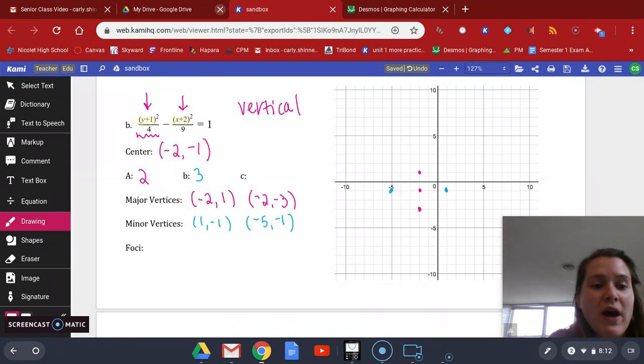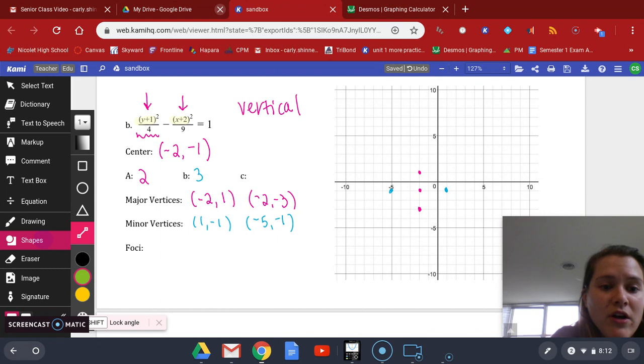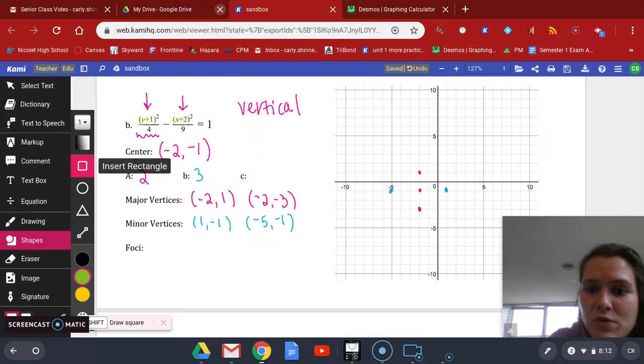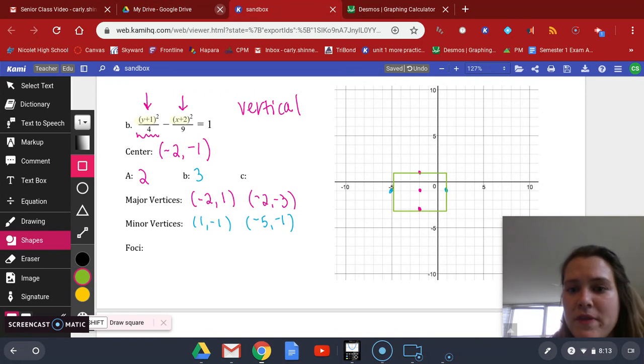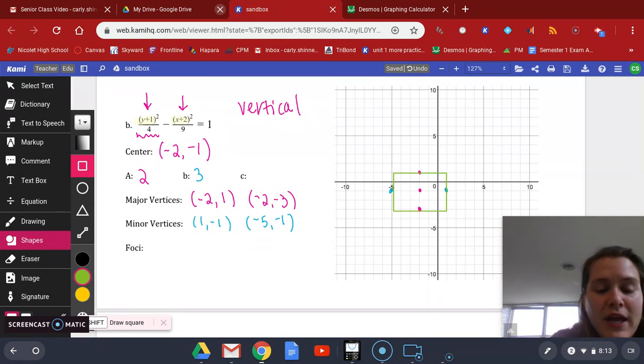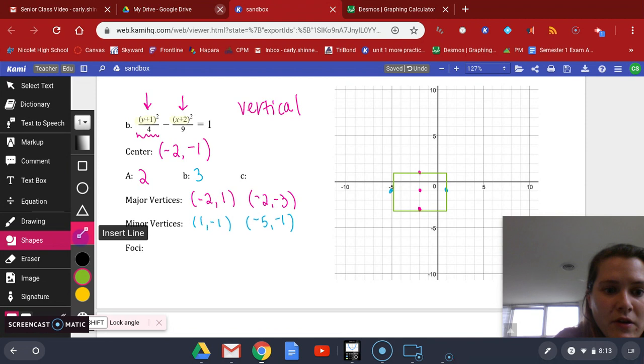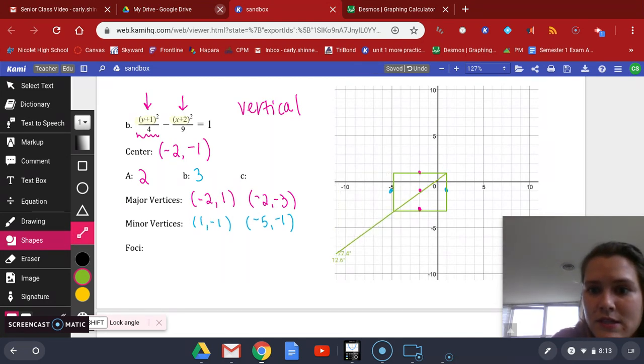So again, if you want to build in your little rectangle and do the diagonal method, or if you want to get your slopes here, my slope in this case would be up 2/3. Either method will get you there, but make sure you've got 2 slant asymptotes here, 2 oblique asymptotes, right?